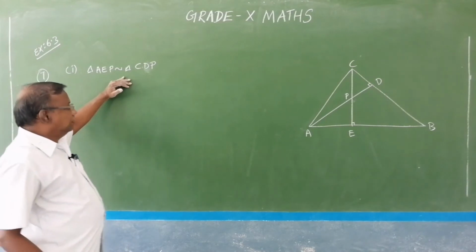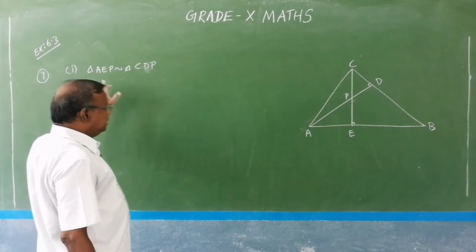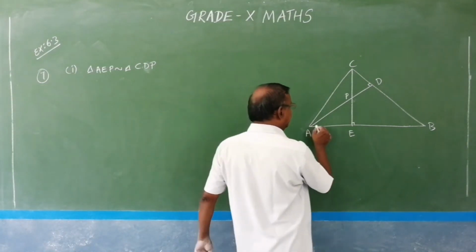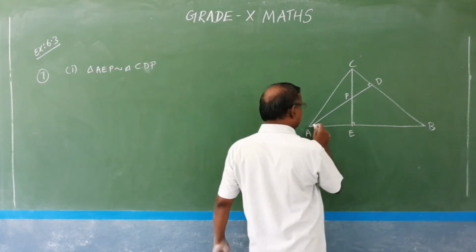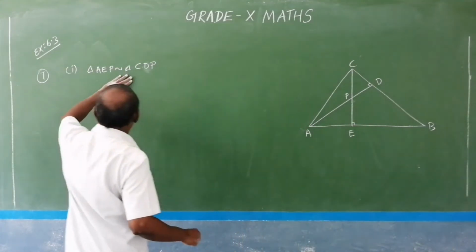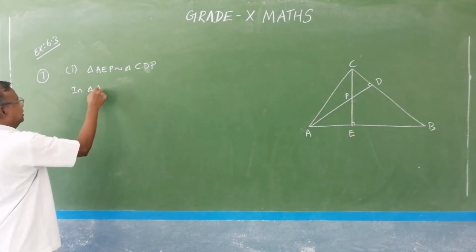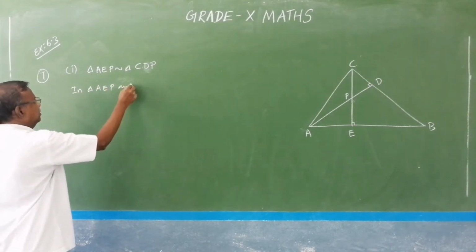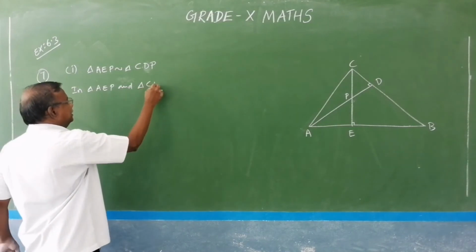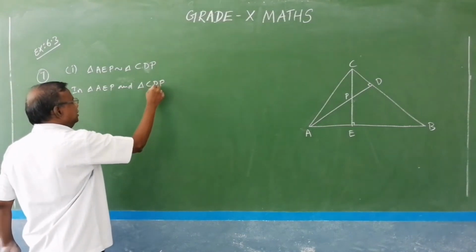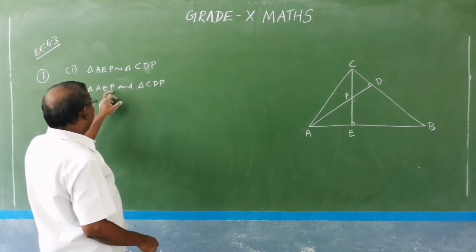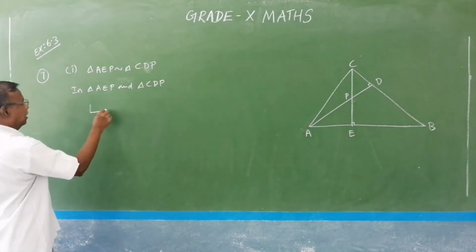In the question itself we can find the answer. AEP means it is a 90 degree angle. So first consider these two triangles. In triangles AEP and CDP, angle AEP equal to angle CDP.